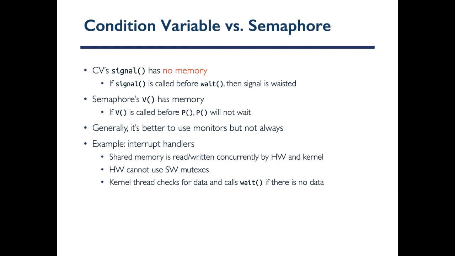Okay, so going back to the example we had. Let's say that kernel thread, let's say the device driver or whatever, checks for data in that buffer, and let's say it doesn't find the data, and now it wants to wait until data is ready in that buffer that is shared between the hardware and the kernel.